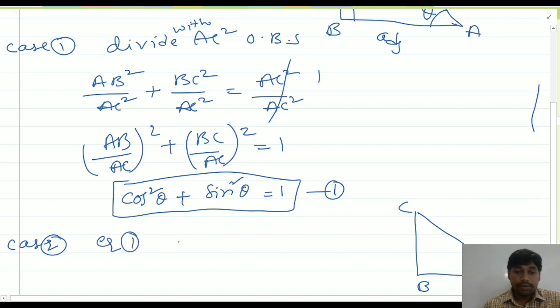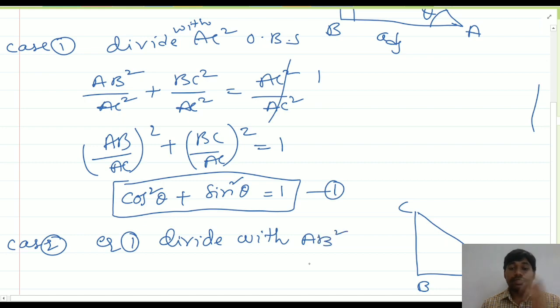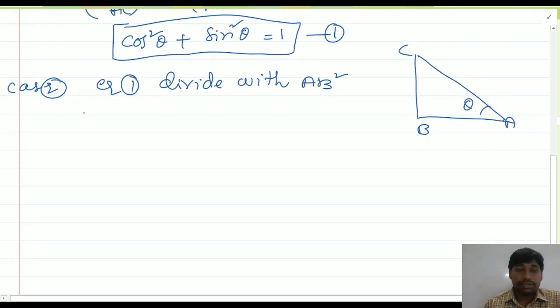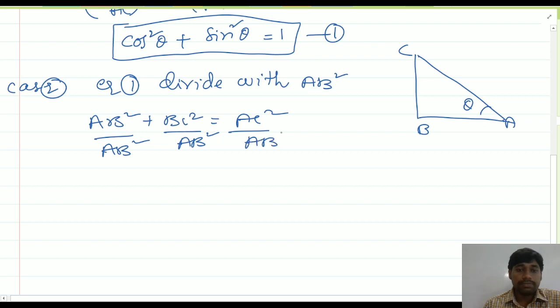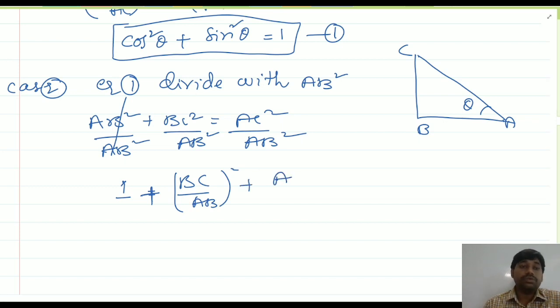Equation 1 is AB square plus BC square is equal to AC square. Dividing on both sides with AB square, AB square by AB square becomes 1, plus BC by AB whole square, is equal to AC by AB whole square.